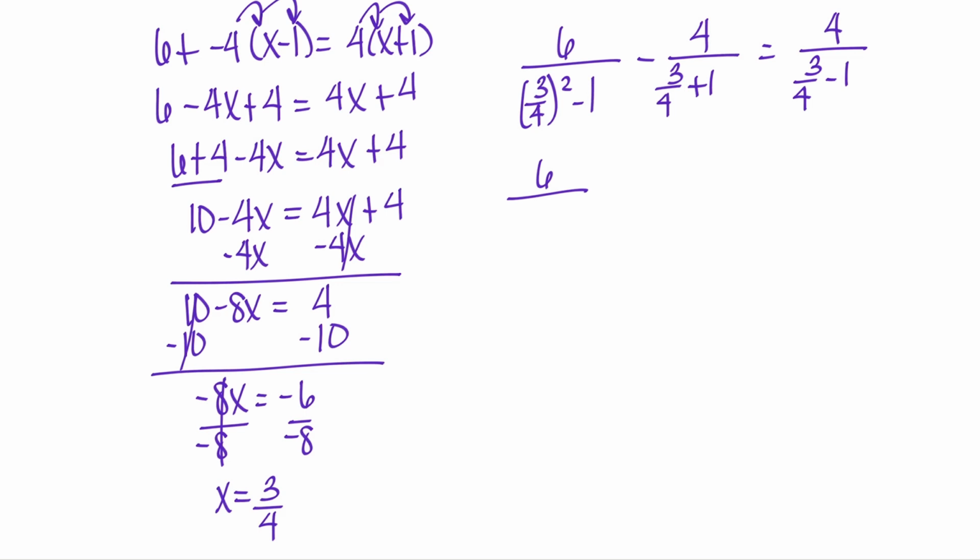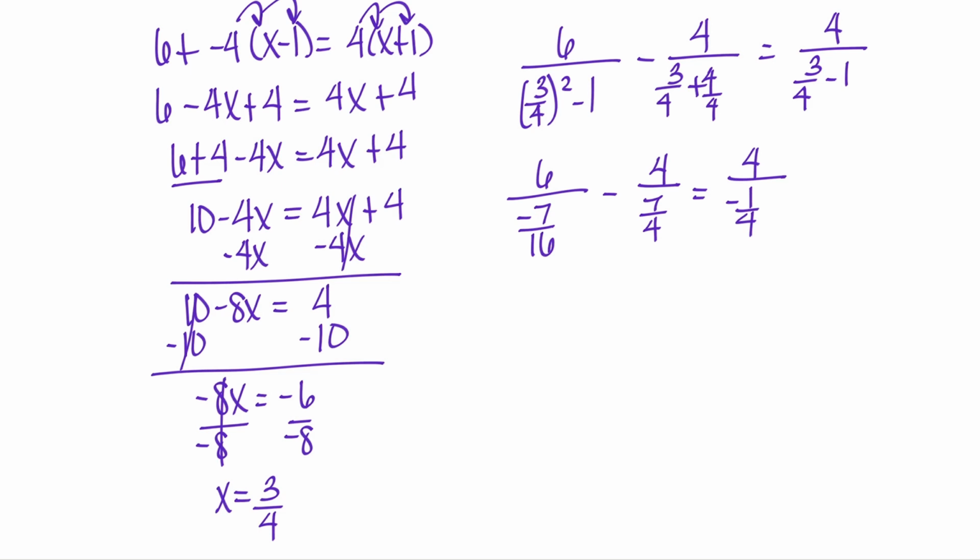Let's see, 0.75 squared. So 6 over negative 7 over 16, minus 4 over, this is going to be 4 over 4 plus 3 over 4, right? So that's 7 over 4, and that equals 4 over, and we have 3/4 minus 1, so that's going to be negative 1/4.